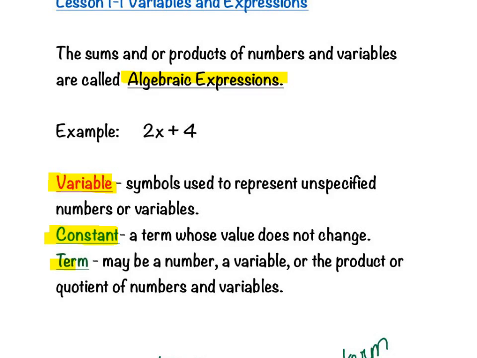A term. In algebra, a term could be either a number or a variable, or the product or quotient of numbers and variables. That is called a term.